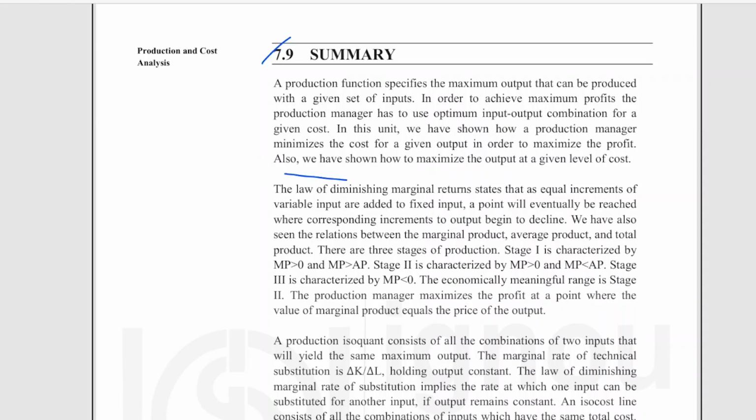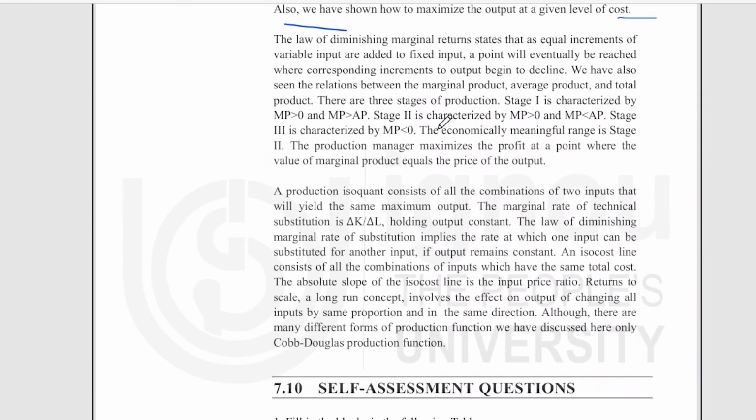Also we have shown how to maximize the output at a given level of cost. The law of diminishing marginal return states that as equal increments of variable input are added to fixed input, a point will eventually be reached where corresponding increments to output begin to decline. And we have also seen the relations between the marginal product, average product, and total product.